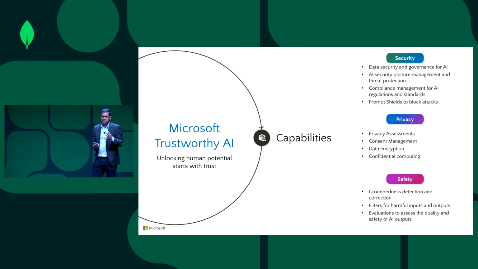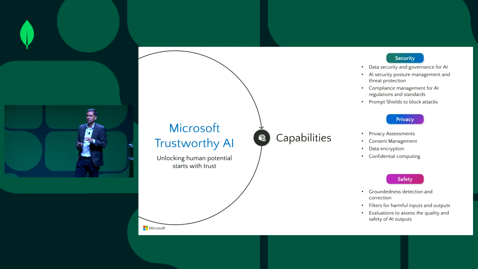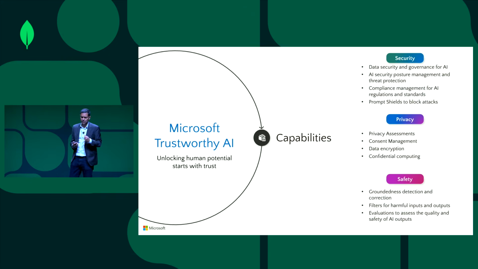That includes things like strong privacy assessment and consent management, data encryption and confidential computing to protect sensitive information. We also have tools for groundedness detection so that the model generates a reliable response.